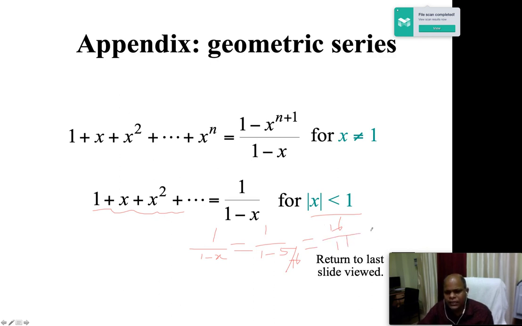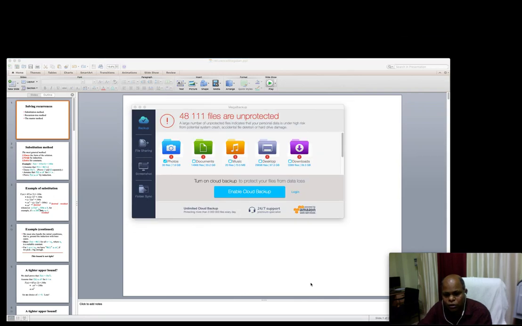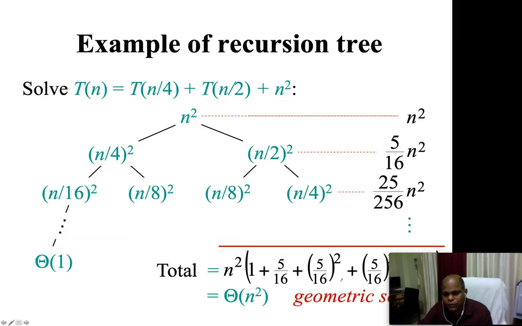That means it will be a constant. Hence the whole term will be a constant, so this will be equal to c of n square, hence it is theta of n square, because we have calculated exactly. Hence it provides both the upper bound and the lower bound.